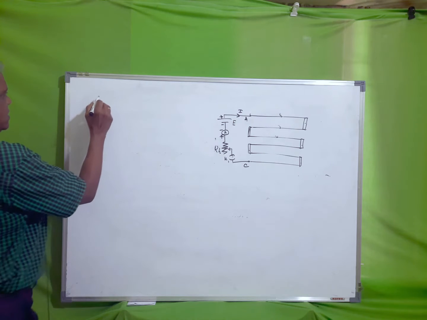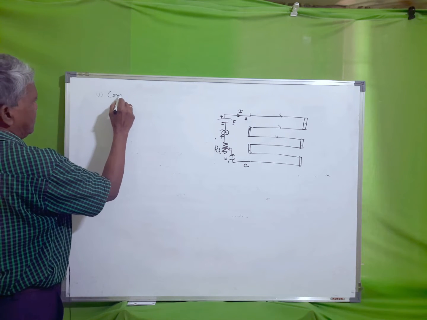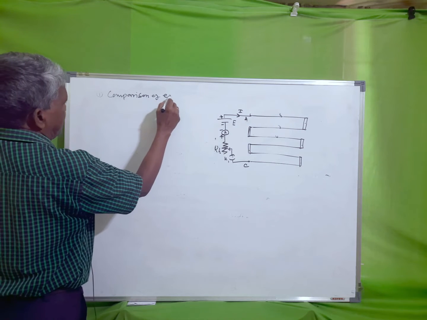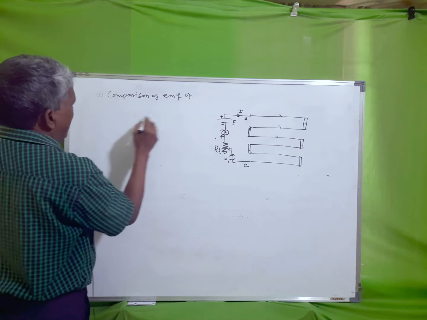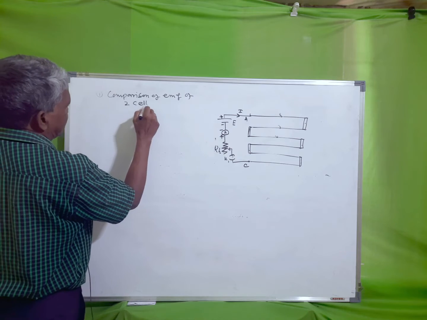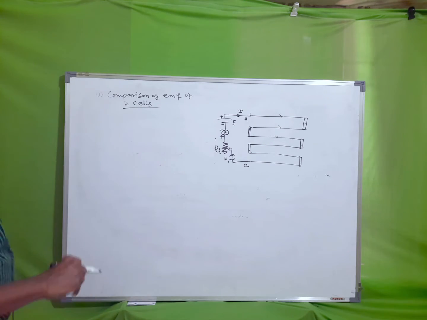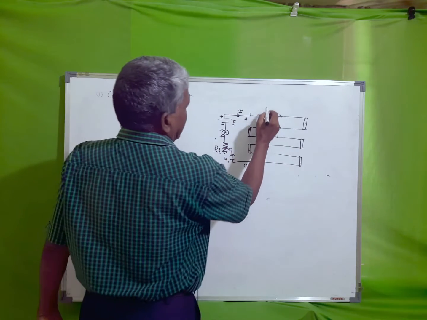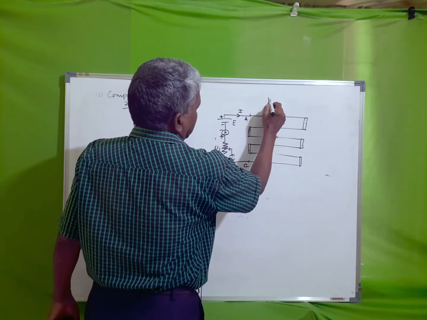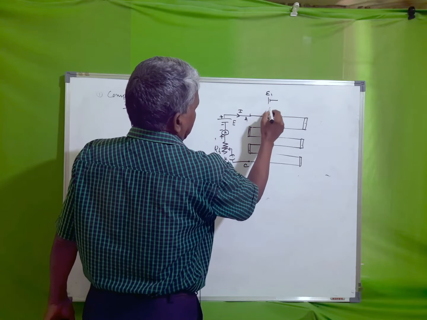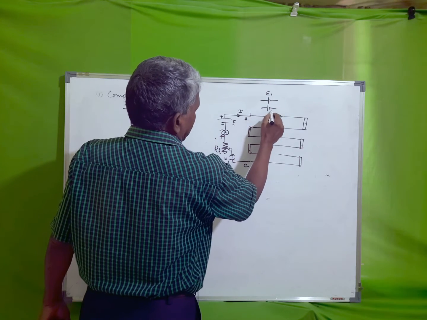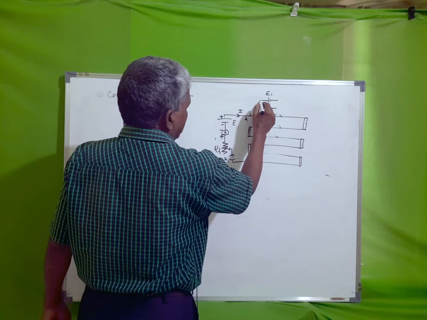The first application is comparison of the EMF of two cells. The cells for which EMF is to be compared are connected as shown in the figure, E1 and E2.